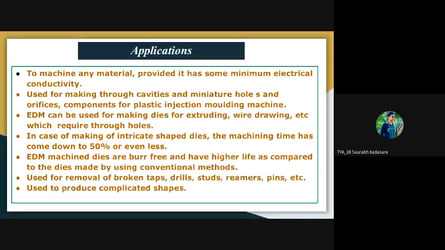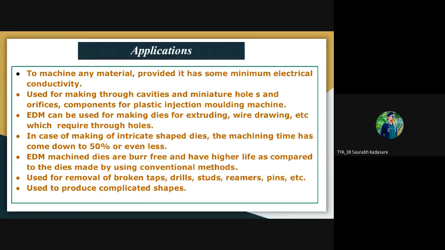In case of making intricately shaped dies, the machining time has come down to 50% or even less using this process. Some of the industries also claim that because of this EDM process technology, die changes are also getting faster.